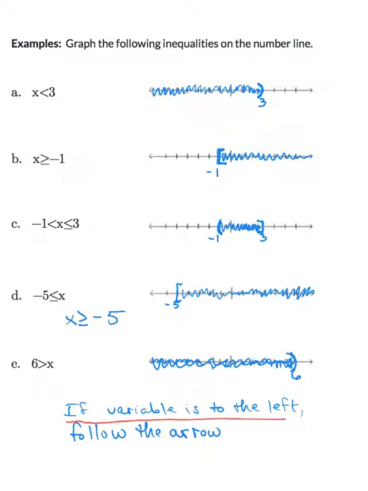Similarly, with 6 is greater than x, if I rewrite this with my variable on the left, I still want my crocodile mouth opening towards the 6. So if we have our variable on the left now, it tells us to go to the left.